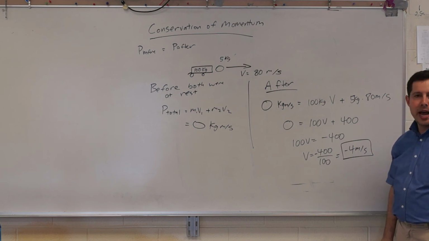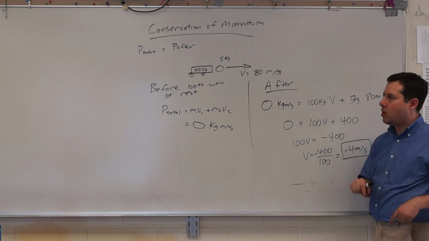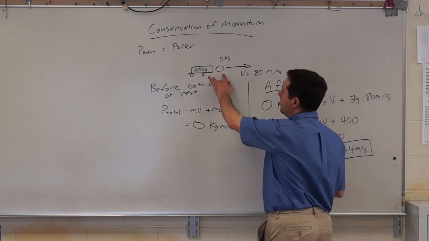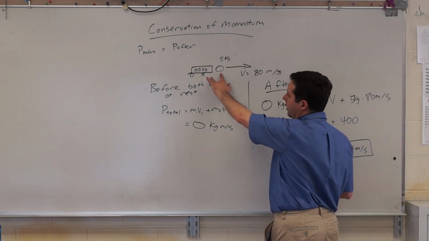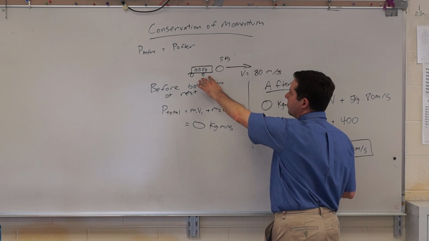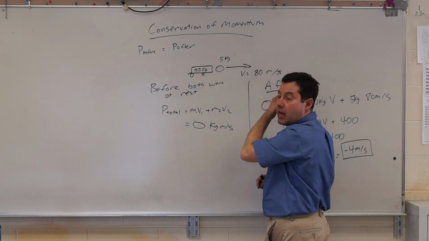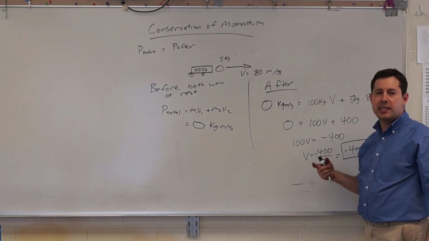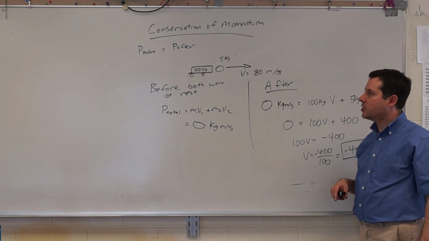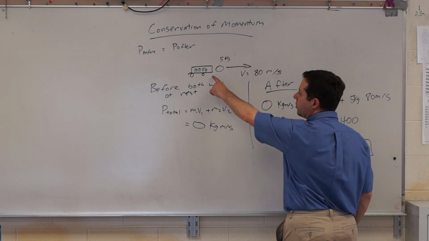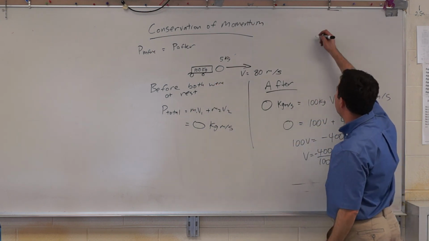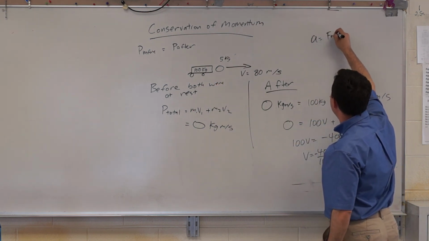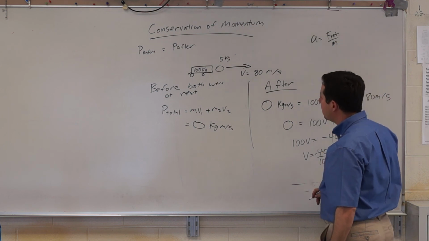One thing I want to point out is that through Newton's third law, we said that the force on these objects is equal and opposite, right? The force on this is equal and opposite to the force on that. But because they have different masses, they have different accelerations. The object with more mass should have a much smaller acceleration because acceleration is equal to net force divided by mass.